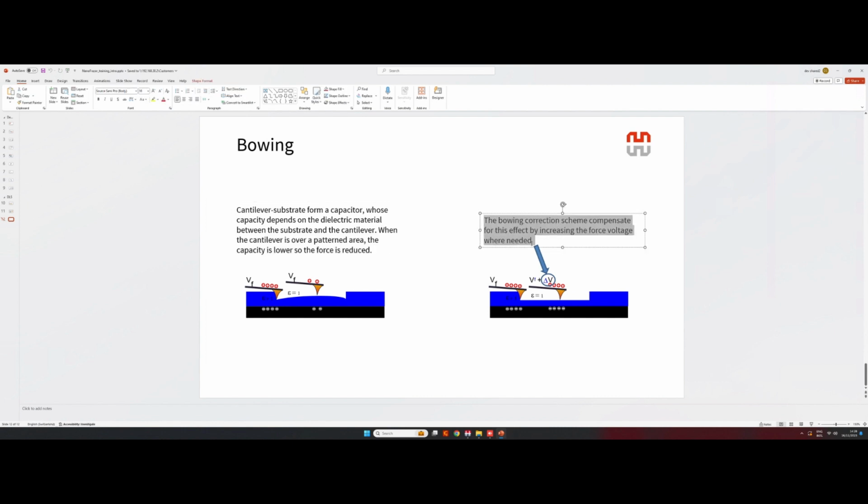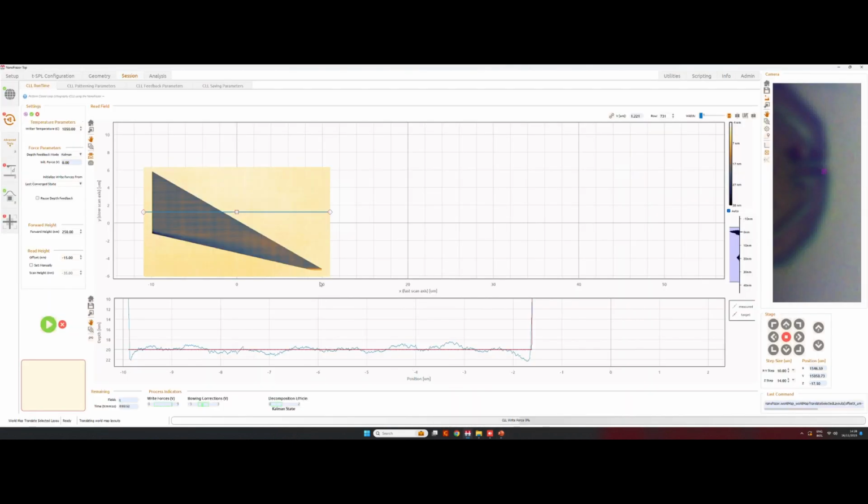In order to avoid this reduction of the force, we have the bowing correction scheme that compensates this effect by increasing the force voltage where needed. From the NanoFrazor software, we have two ways of compensating the bowing effect. One is the bowing correction and the other one is the bowing prediction. What is the difference between the two?